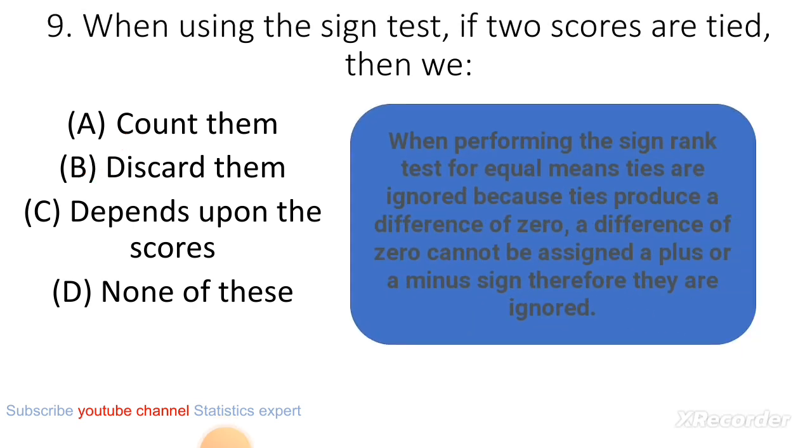When performing the sign rank test for equal means, ties are ignored because ties produce a difference of 0. A difference of 0 cannot be assigned a plus or minus sign. Therefore they are ignored, so we discard them.